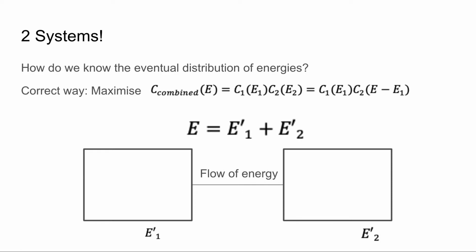So the upshot of this is that there's this function of E1 that you want to maximize, and upon maximizing this function, you'll be able to know how much energy is allocated to each of the systems.